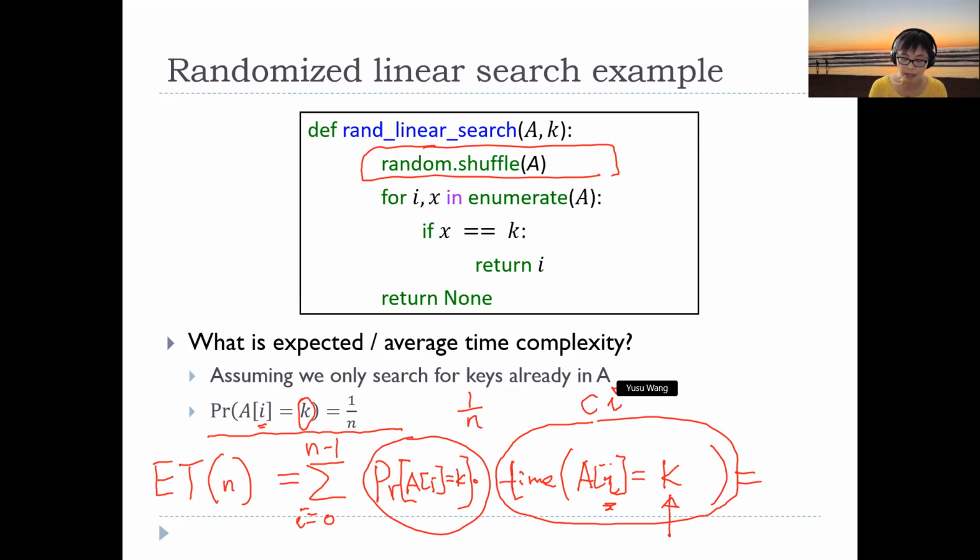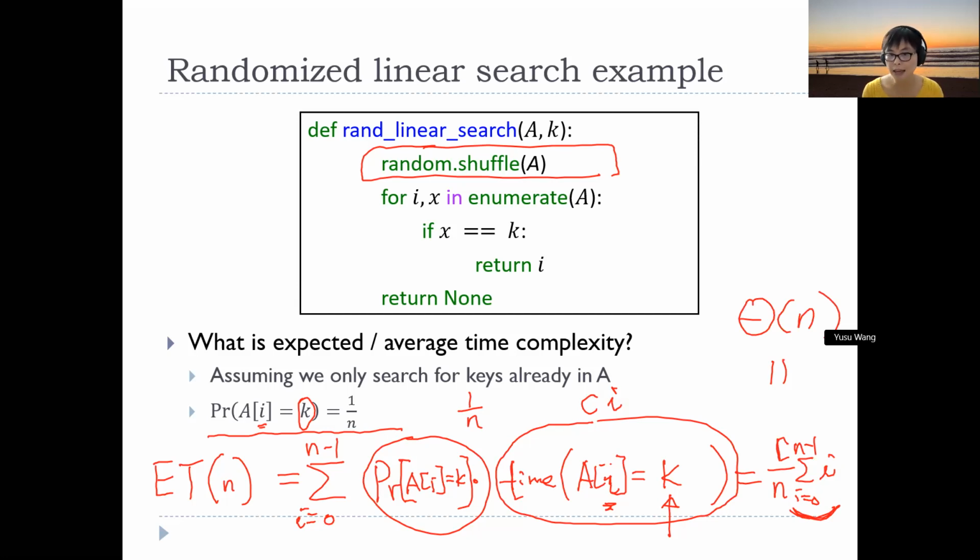So this means that the expected running time equals C over n times the sum of i, where i goes from 0 to n minus 1. This is an arithmetic series, so it adds up to order of n squared. Then dividing, we cancel one order of n. So this whole thing still gives me linear expected running time in this case. Okay, questions?